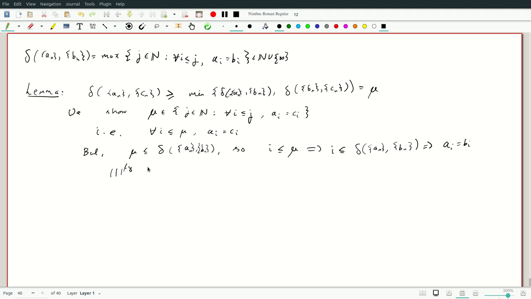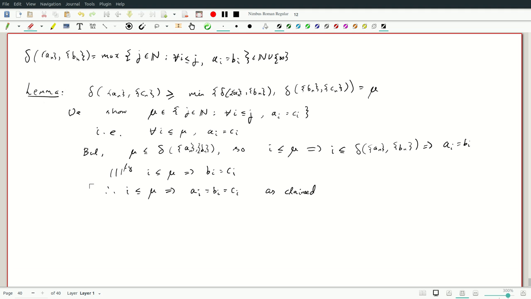Similarly, i less than or equal to mu implies that B_i equals C_i. Therefore, i less than or equal to mu implies A_i equals B_i equals C_i, as claimed. So this proves the lemma.